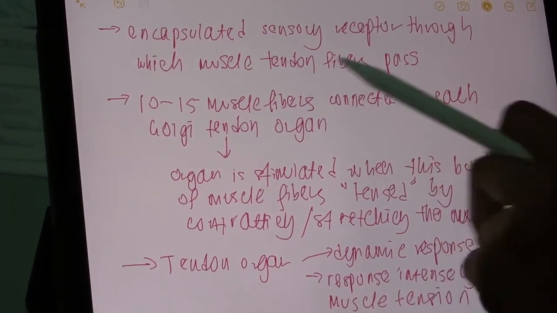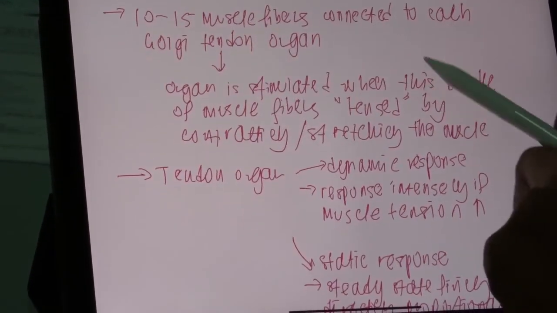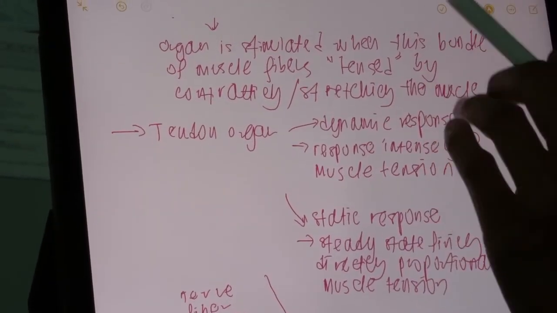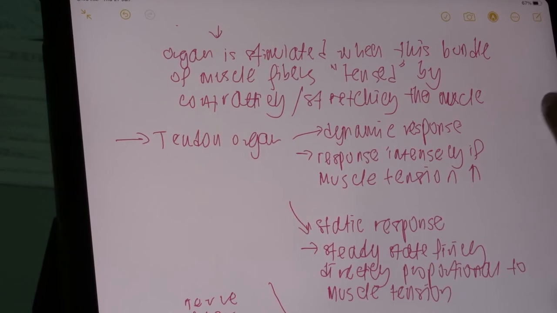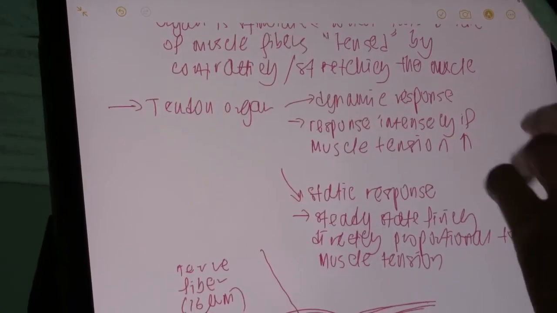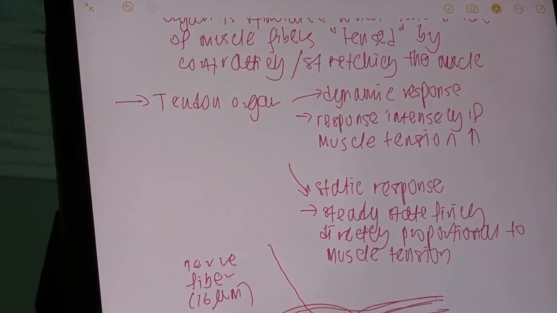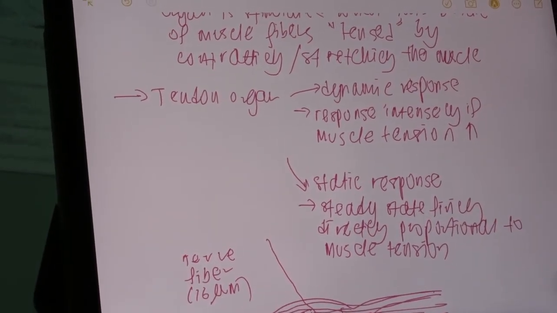The organ is stimulated when this bundle of muscle fibers is tensed, by contracting or stretching the muscle. Like the muscle spindle, the tendon organ also has dynamic and static responses.